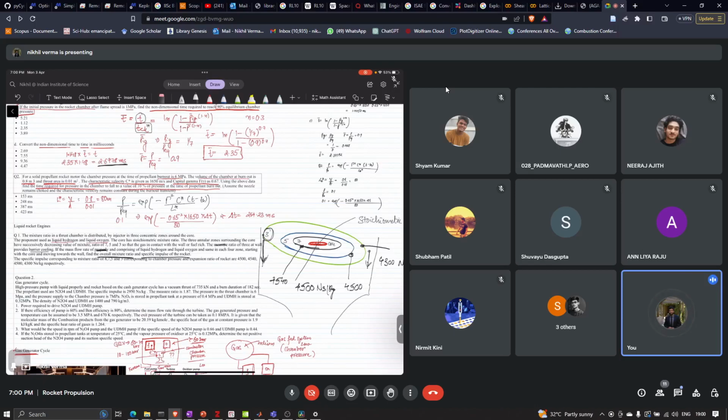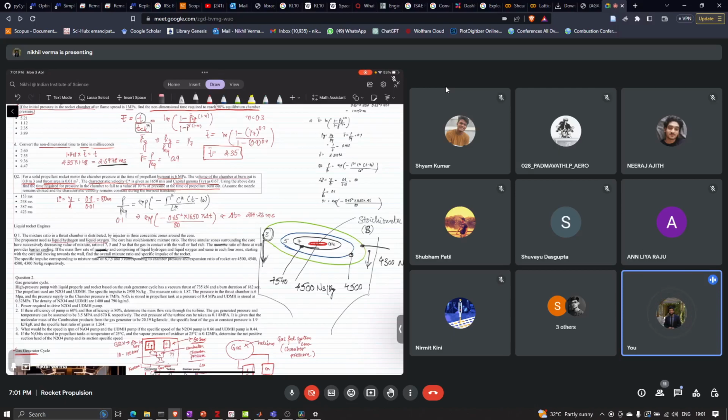Any idea how to proceed with this problem? Inside this it is also given as 8.